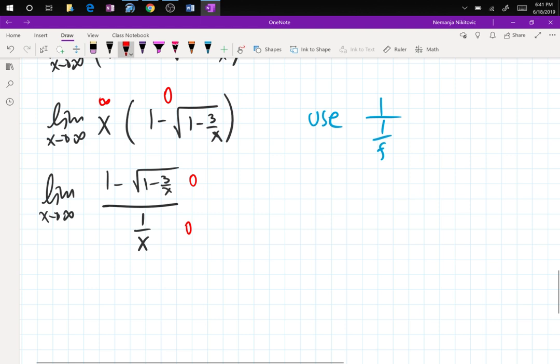This is one long transformation to get to 0 divided by 0. Now, you take independent derivatives and everything should work out. So this is equal to, by L'Hopital, Bernoulli.